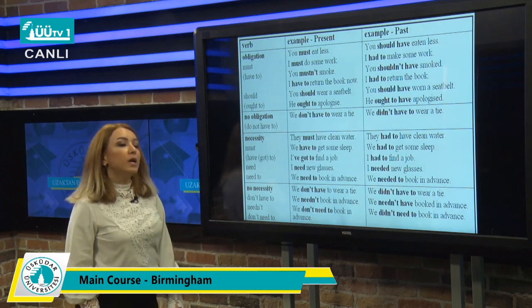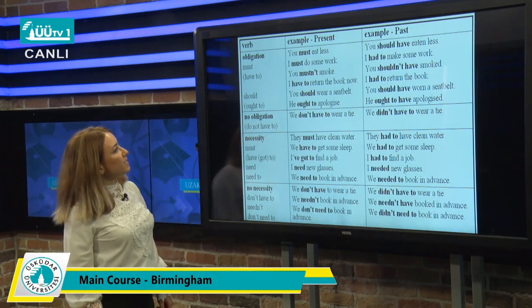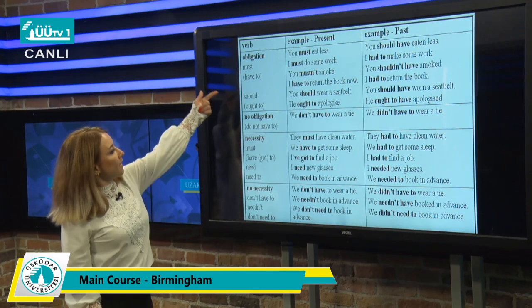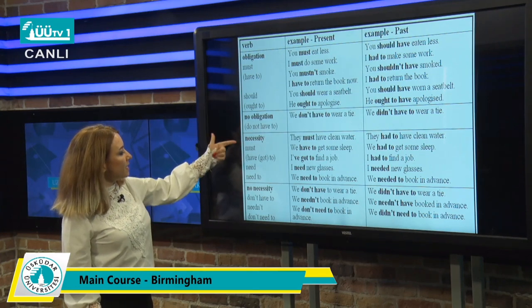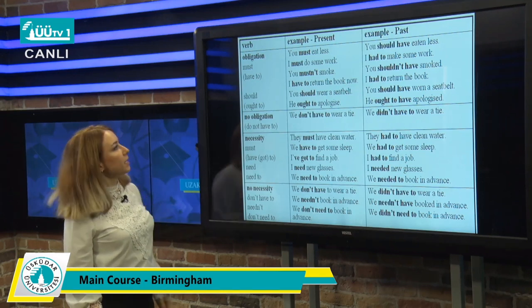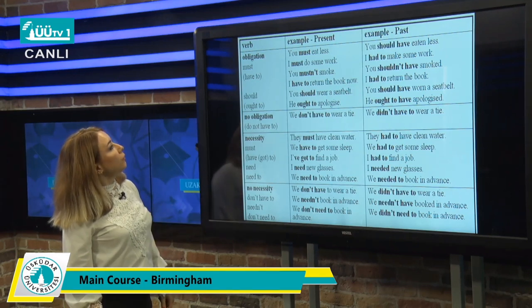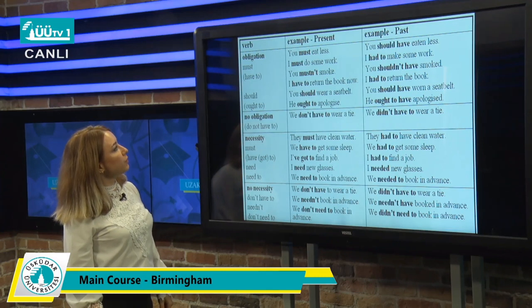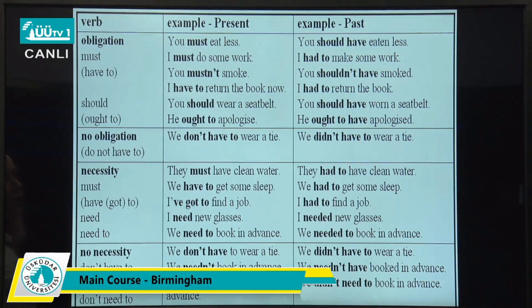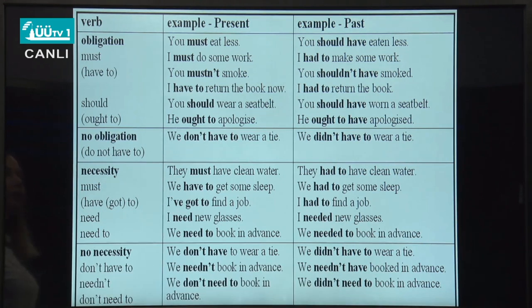Okay, so let's look at more examples. When we talk about obligation, no obligation, necessity, no necessity. For obligation, as I mentioned before, we use must and have to. And also you can use should and ought to, which is a bit less strong.